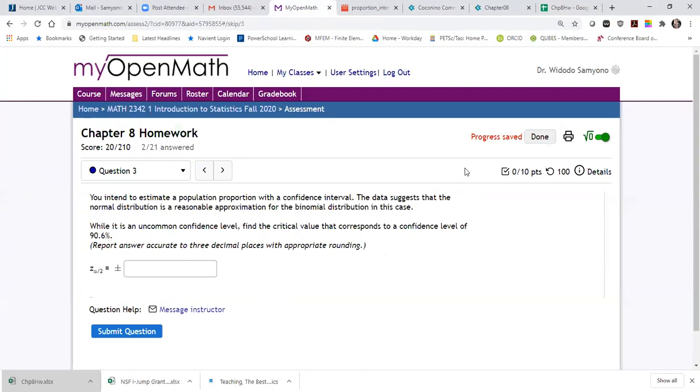Okay, let's go to the next one. This one is simply looking for the critical value, so this is easy. You can see for number 3, the confidence level is 90.6%, right?